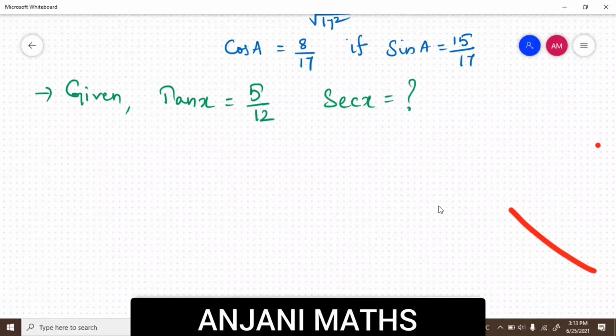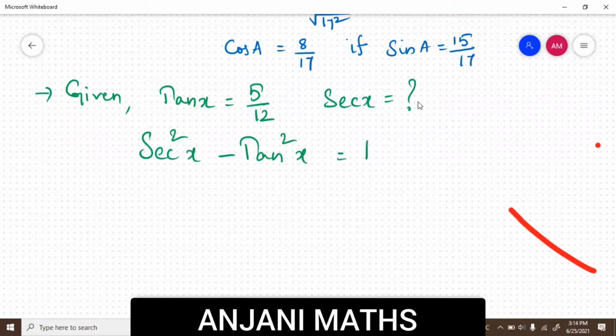What is the trigonometry identity relating tan and secant? We have that. What is that? Secant square x minus tan square x is equal to 1. While writing these identities, you should be very careful. If you are writing secant square x, then we have to write tan square x.